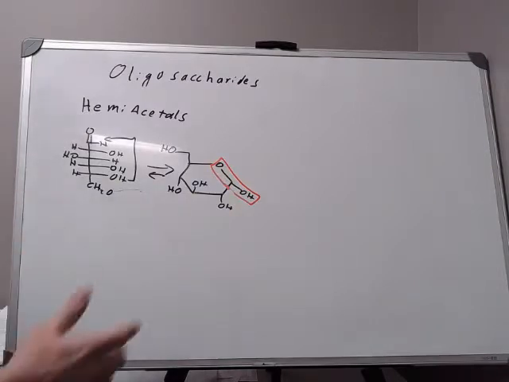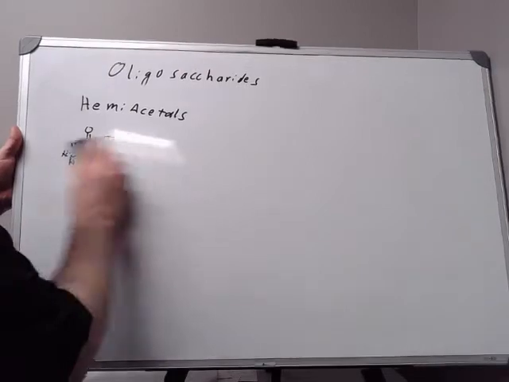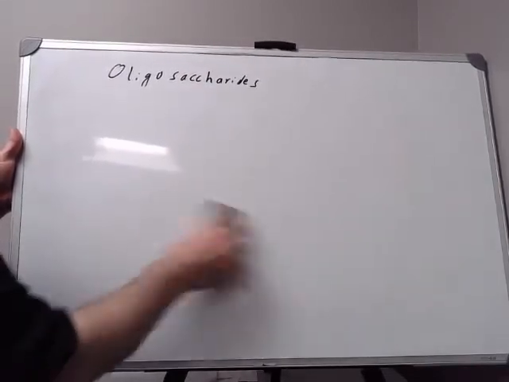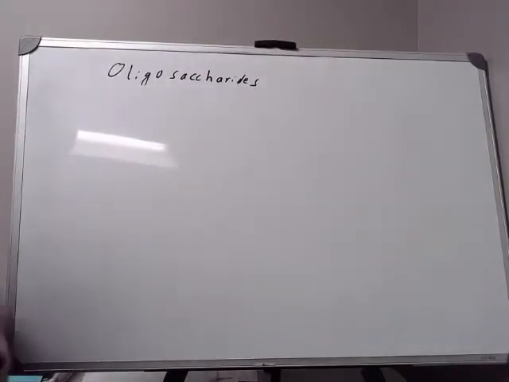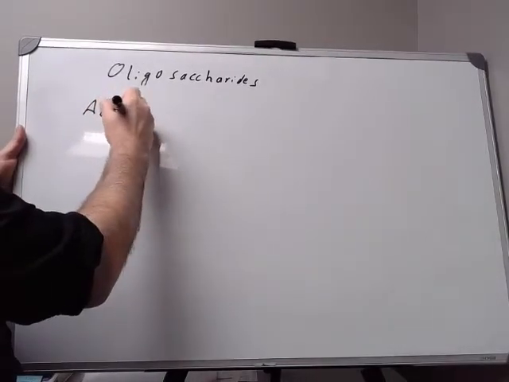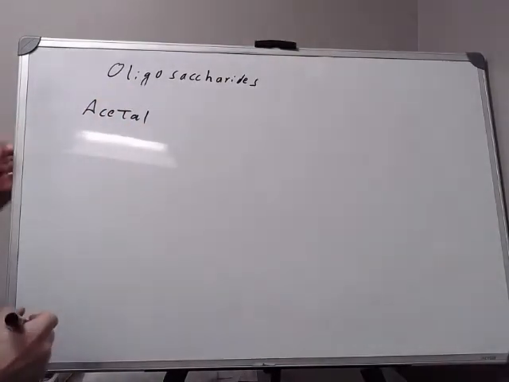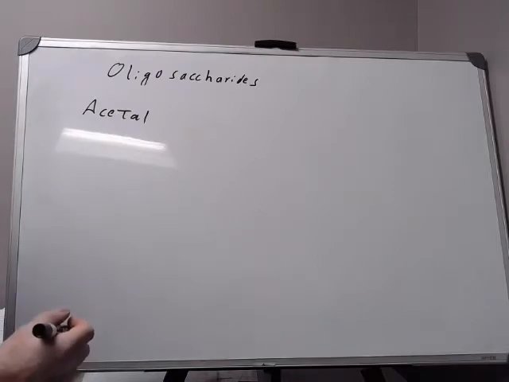But anyway, there's another group that we need to look at when discussing how two sugars attach to each other, and that is the acetal. It's very similar to a hemiacetal.